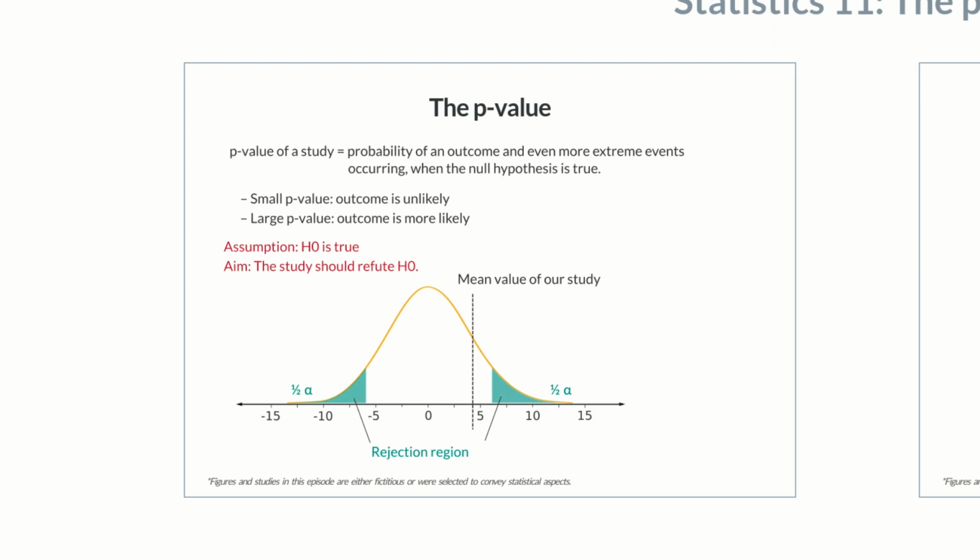So, from examining the significance level in the last episode, we know that our result isn't in the rejection region, and the study is not significant. Let's still examine the p-value of the study as well. So, according to our definition, where would the p-value appear in this curve? At the beginning of this episode, we stated that the p-value indicates the probability of observed and more extreme events occurring.